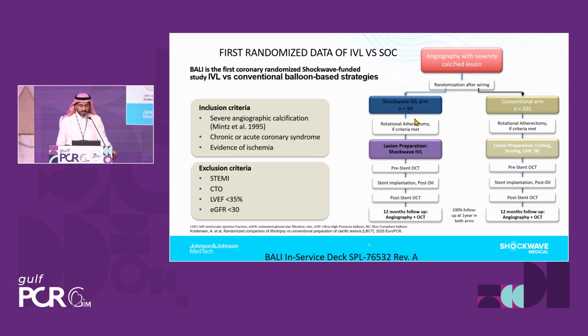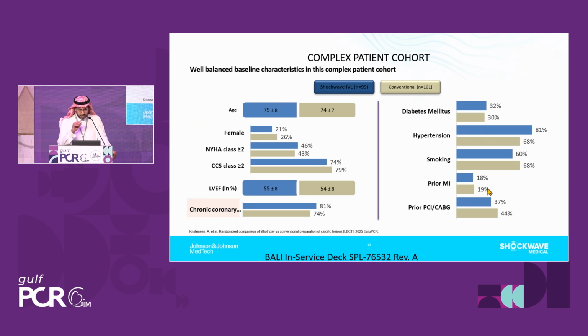In the Shockwave arm, rotablation was used to facilitate if criteria were met, then lesion preparation with Shockwave, pre-stent OCT, stent implantation, post-dilatation, post-stent OCT, and then 12 months follow-up with angiogram plus OCT. The other side is the conventional arm, using the cutting, OPN or scoring balloon. The characteristics are balanced between the two arms.